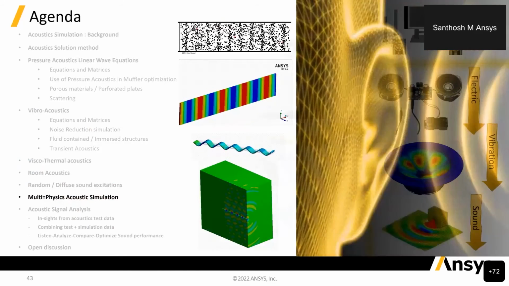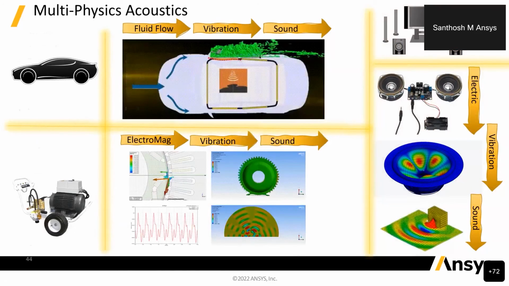And moving on to multiphysics applications, if we take a car, in a car the majority of the noise is due to two components. One is the road-tire interaction noise, and another one is the wind noise. If you want to study the wind noise, first we need to start with a fluid flow simulation in a transient domain to compute the fluctuation of the pressure on the car body.